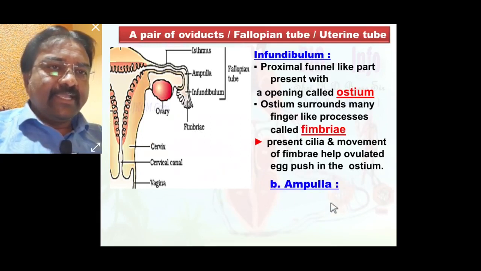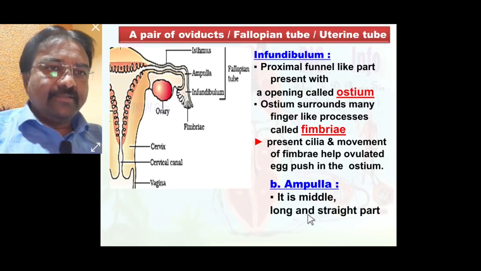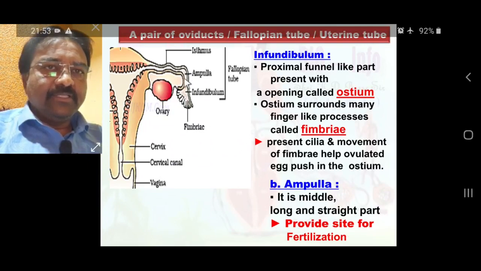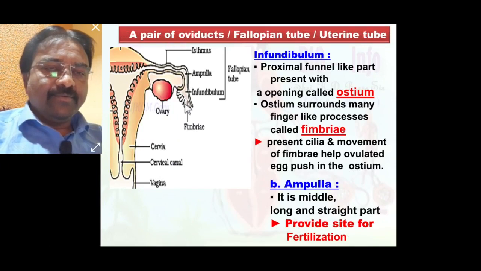Now the ampulla is the second part of the oviduct or fallopian tube. It is the middle part, a long and straight part of the oviduct, which provides the site for fertilization. The ovulated egg is transferred to the ampulla by the presence of cilia, pushing it forward.